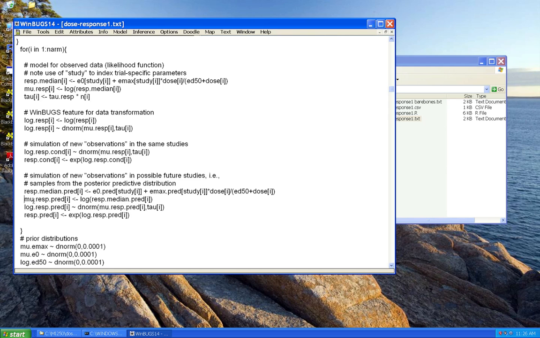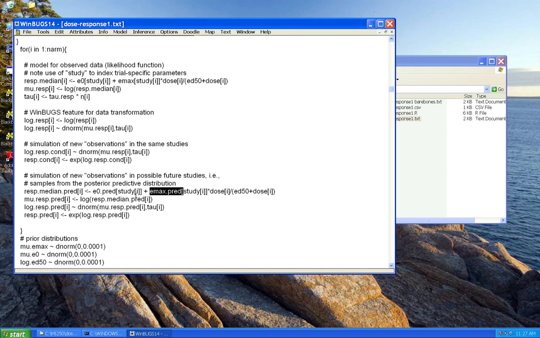I had to take a log transform, which ties back up to right here, which again is our Emax model, but where the E0 and the Emax are the ones we called E0.pred and Emax.pred, which are the values that we simulated for these hypothetical new studies.